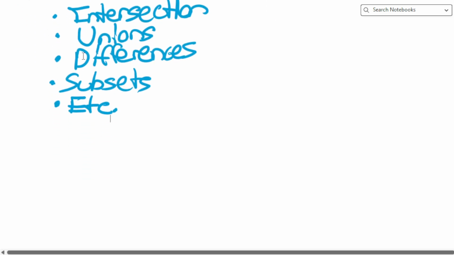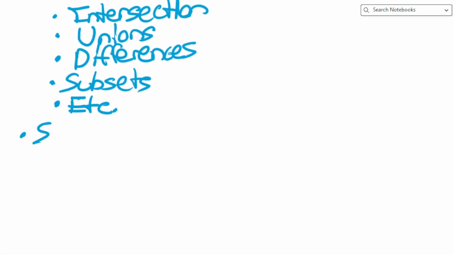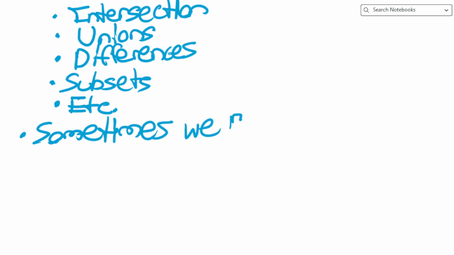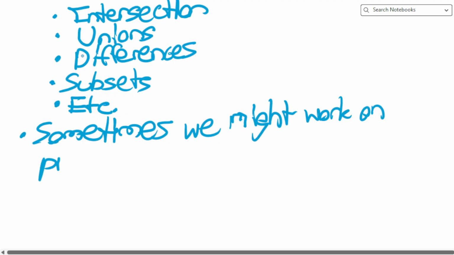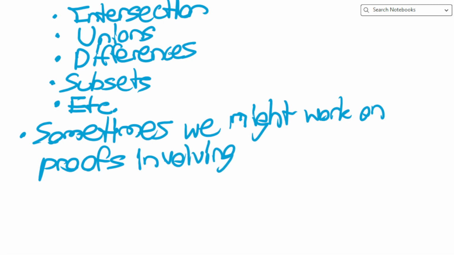So sometimes we might work on proofs involving sets.